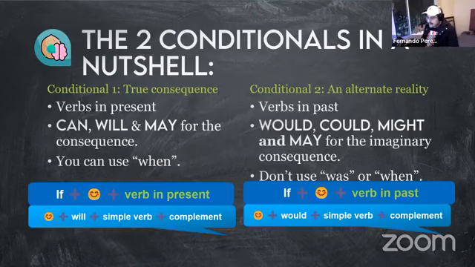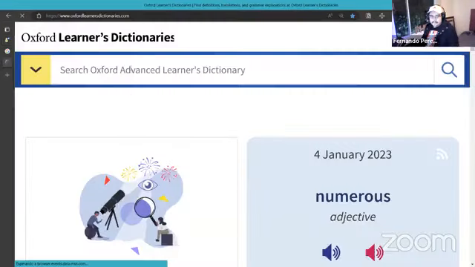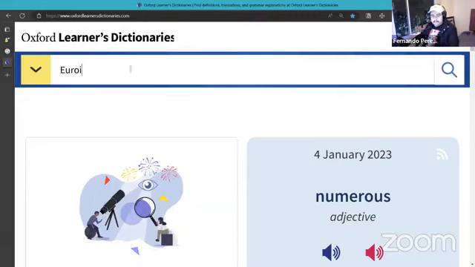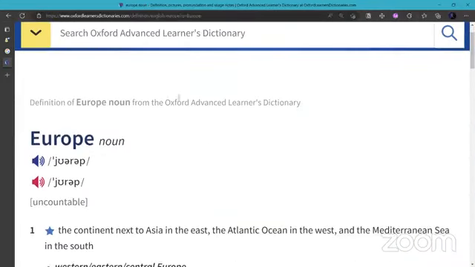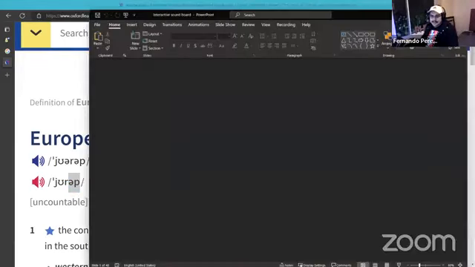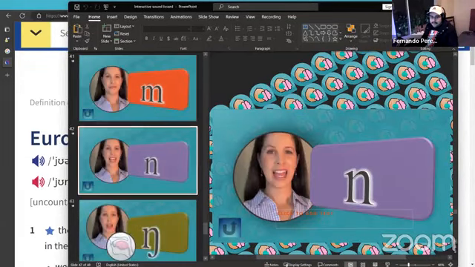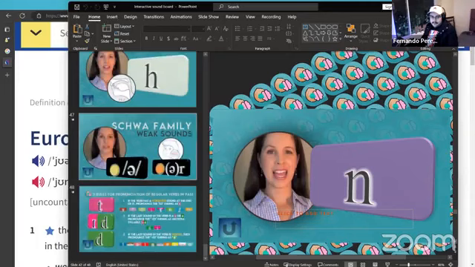Pronunciation. You pronounce like this. Oh, I know. Europe. How do you pronounce the symbol? This symbol over here.